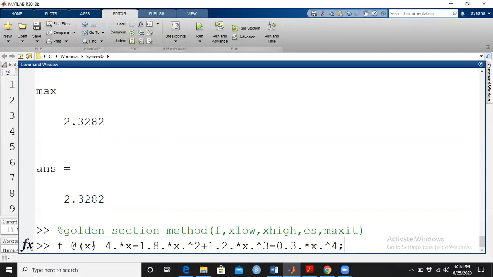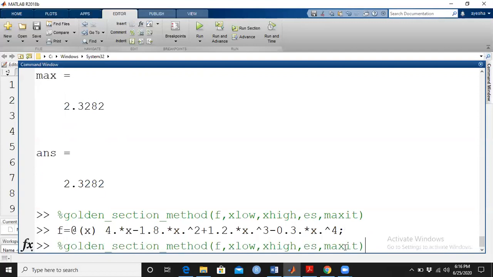For example, is X from 0 to 10 or something else? So for that reason, I've said that this is a handle. I'm saying at X, 4X minus 1.8X squared plus 1.2X cubed minus 0.3X to the fourth. Now I have declared the function F.